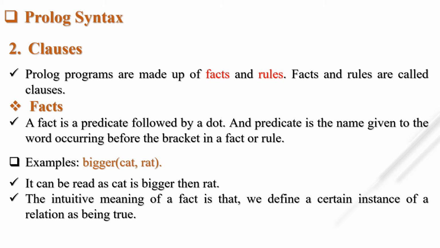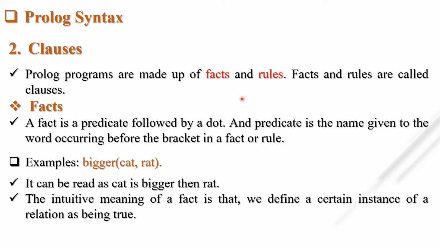So the next syntax is clauses. This is also very important. So what is a clause? Prolog programs are made up of facts and rules. Facts and rules are called clauses.